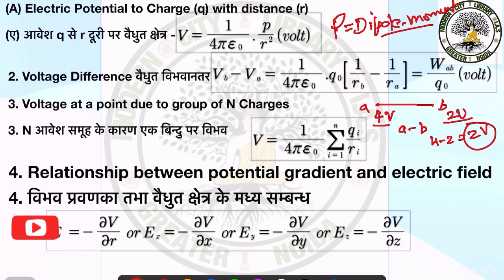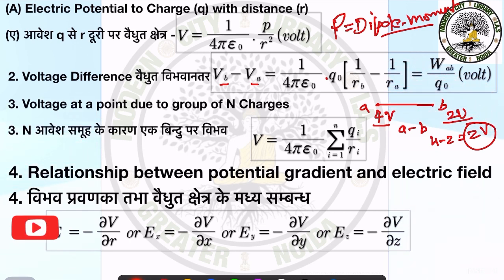So the voltage difference between 2 points, point B and point A, is equal to 1 upon 4 pi epsilon naught into Q naught bracket 1 upon RB minus 1 upon RA. In energy form, the voltage difference is WAB upon Q naught.